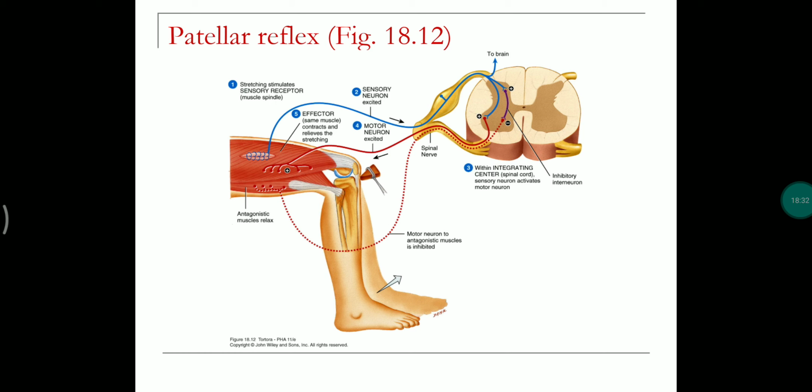From the integrating neurons or interneurons, the impulses are transmitted to motor neurons, and the motor neurons activate the muscle bundles present in the thigh region, which lifts the lower leg. This entire action is performed in seconds. So that is the patellar reflex and the spinal cord, its anatomy and its functions. Thank you.